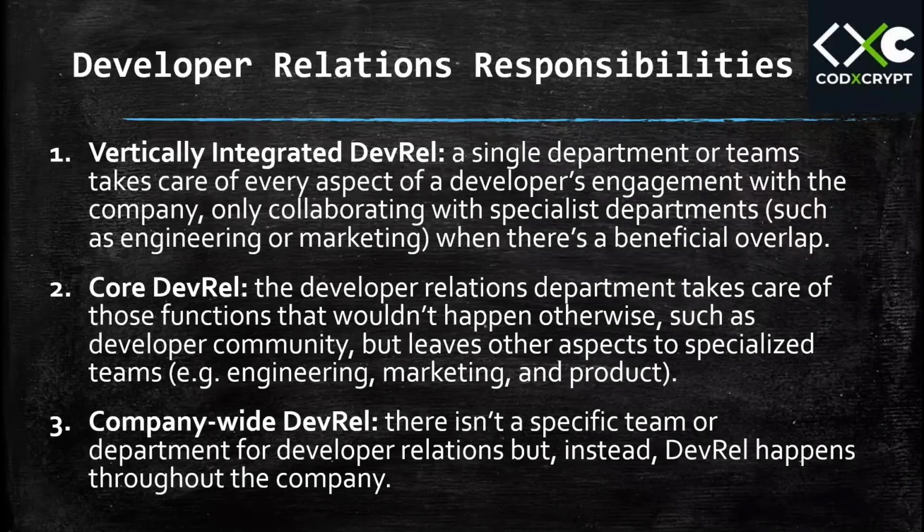The developer relations department takes care of those functions which wouldn't happen otherwise, which could be community, but it also leaves other aspects to specialized teams, for example, engineering, marketing, and product. Number three is company-wide DevRel. There isn't a specific team or department for developer relations, but DevRel helps throughout the company for the betterment of it.